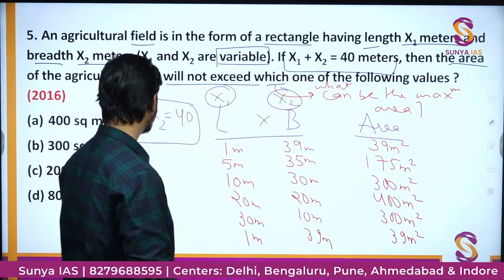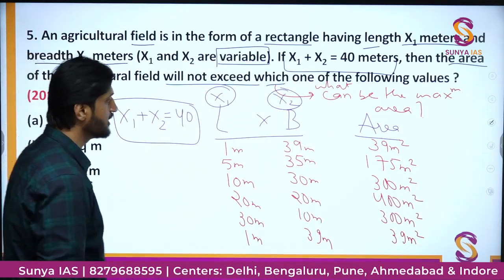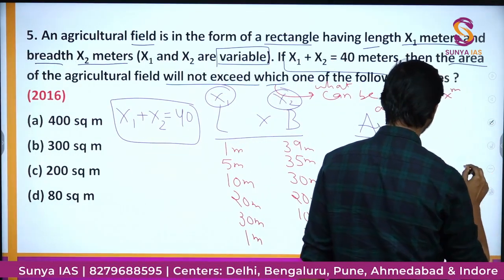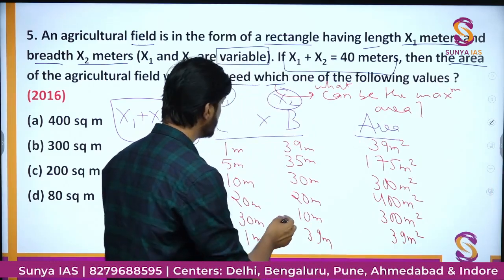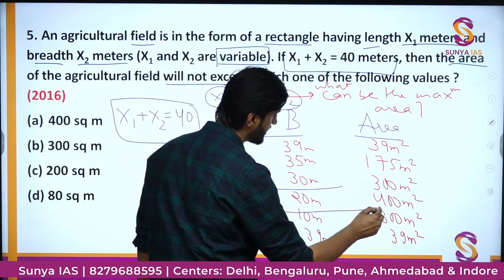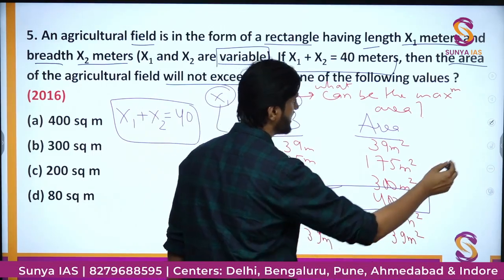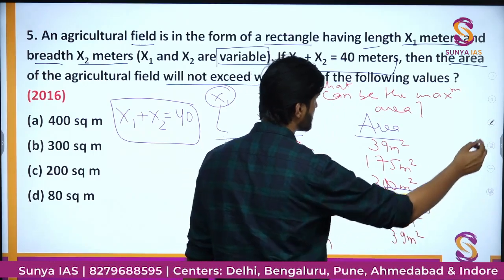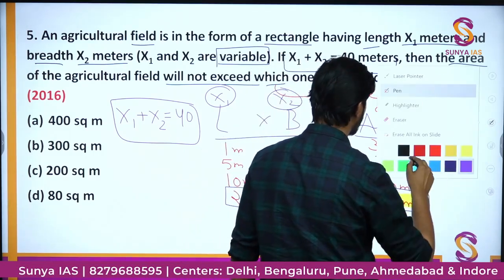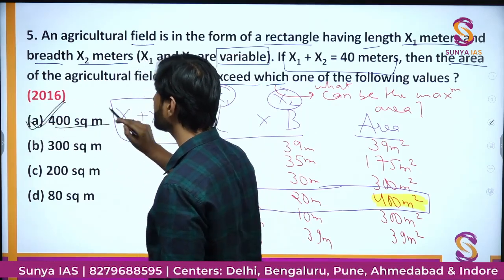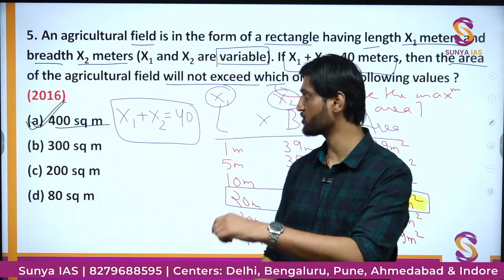So from the overall scheme of things, for different pairs of x1 and x2, the maximum value we get is when both sides are equal, that is 20 meters, and in that case the area will be the maximum, 400 meters square. So by this hit and trial technique, one can say the maximum area is going to be 400 meters square. So that was one more question done for you.